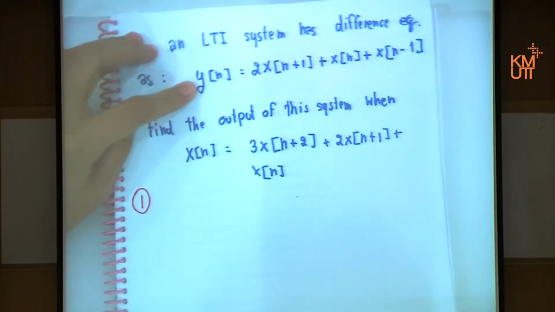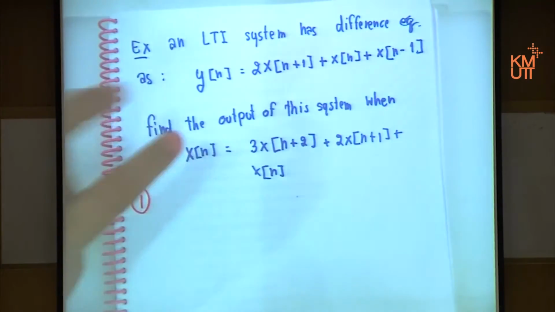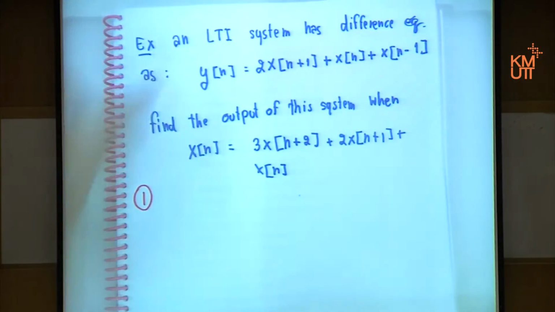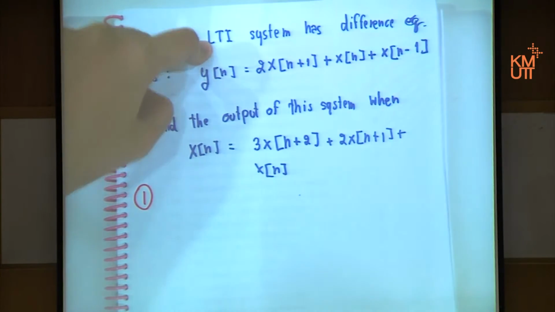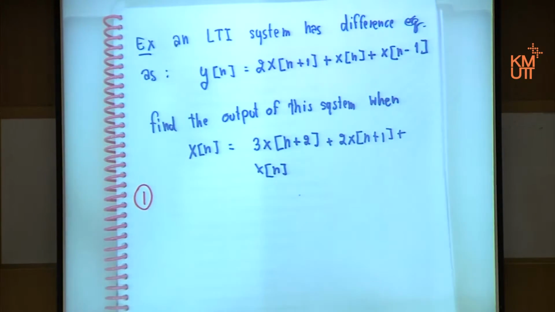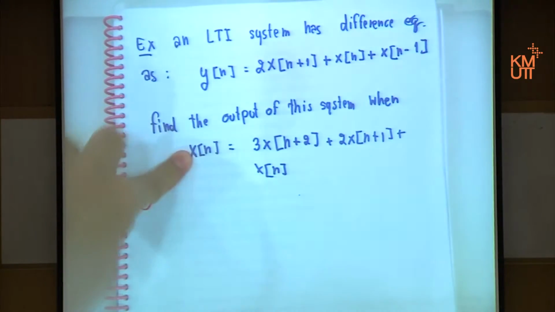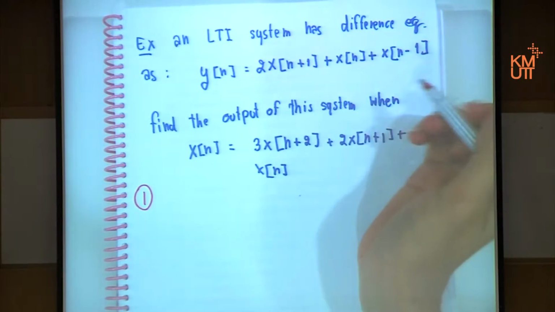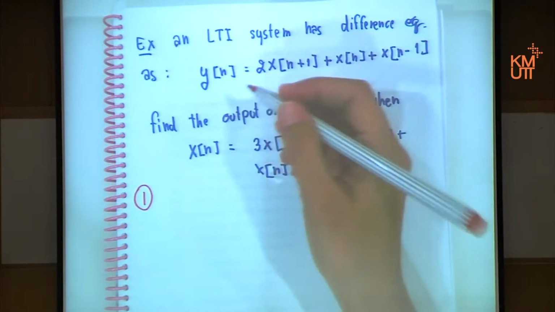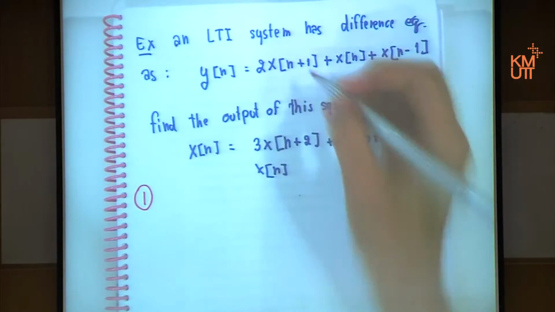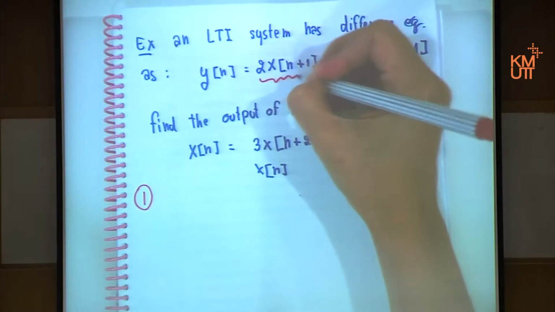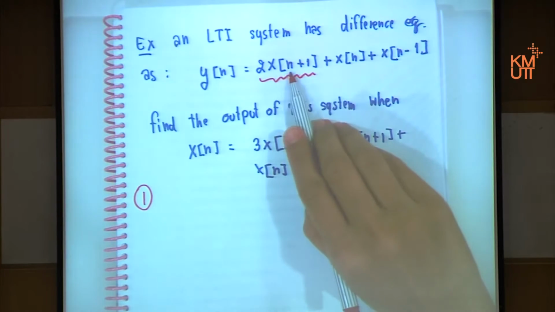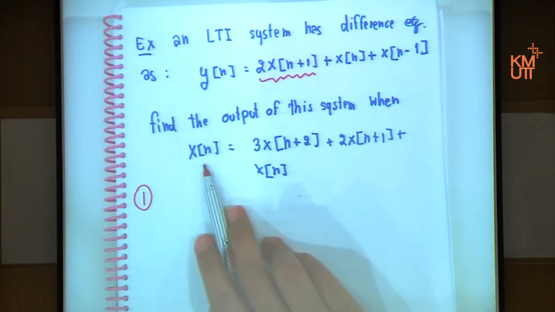Because you know the relationship between output and input like this, and you know that the input can be represented in this form, and your system is LTI, linear and time invariant, you can substitute the input x into this equation directly. Suppose we consider the first term of y[n], this one. It is 2x[n+1], and you know that we have x[n] like this.